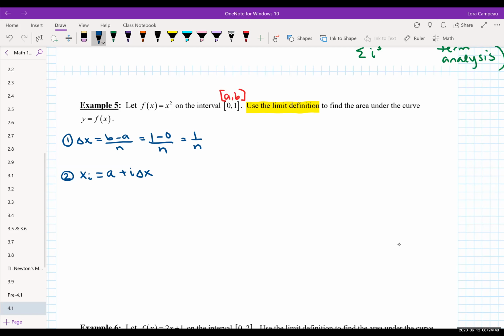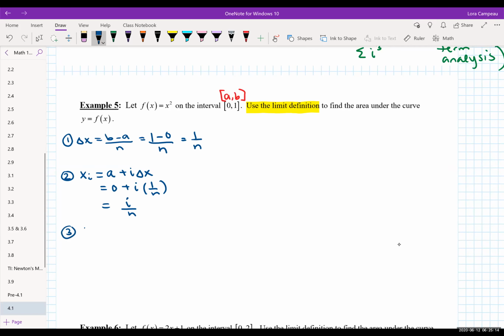Who is a for us? It's 0. We already know what i is, but delta x is 1 over n. So I'm plugging that in. What do we end up getting? It's i over n, simplifying a little bit. Okay, moving forward.